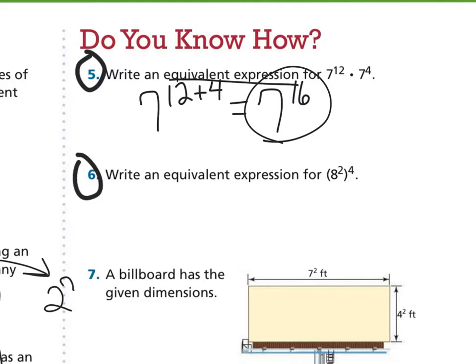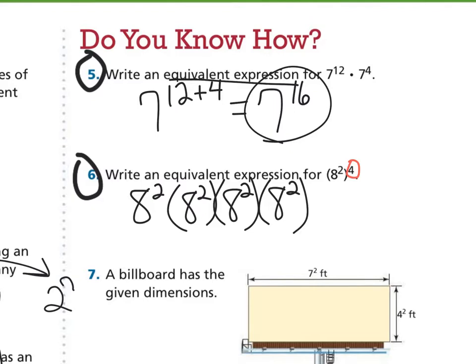Number 6, equivalent expression. We've got the little 4 exponent out here. We don't have a base right next to that 4, so we're going to rewrite this thing. 8 squared to the 4th power. To the 4th power, multiply something by itself 4 times.